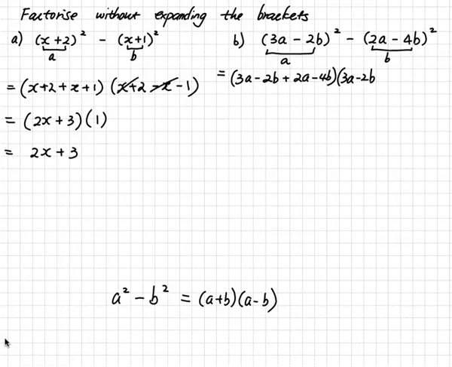I'm going to just write it here. Take away 2a, but also take away that negative 4b. So taking away negative 4b. Just be careful with the sign. So collect the like terms. 3a plus 2a, 5a. You have negative 2b, negative 4b.